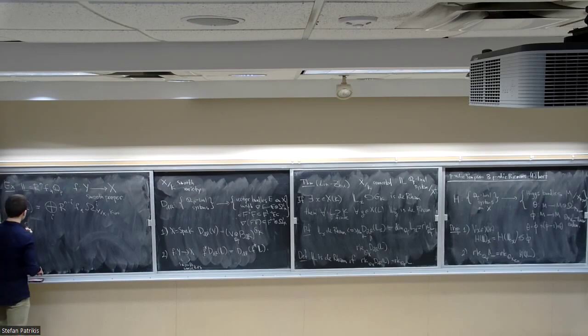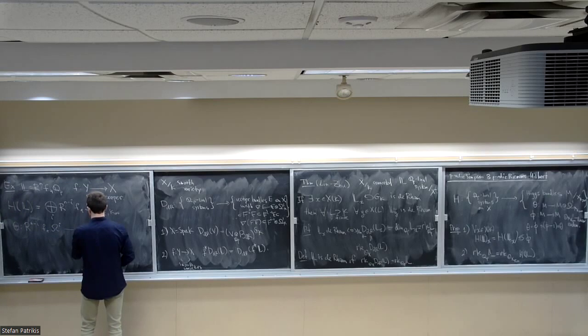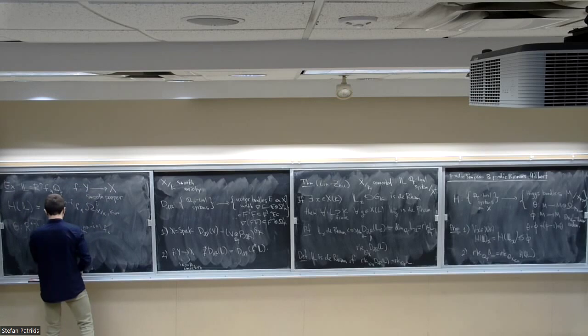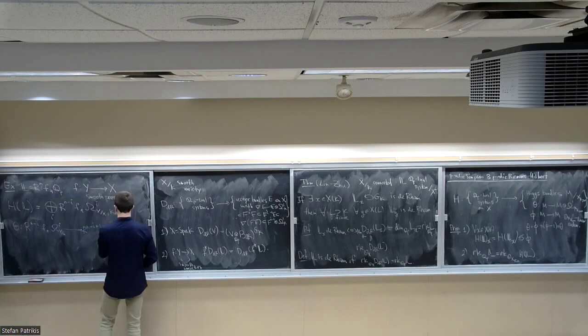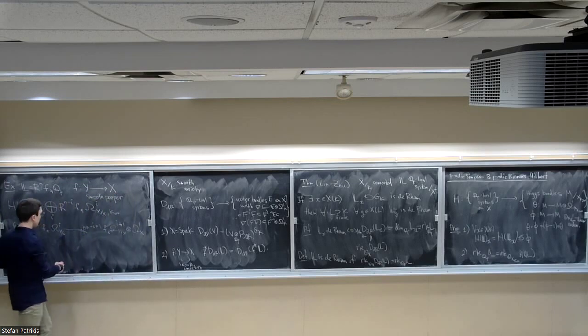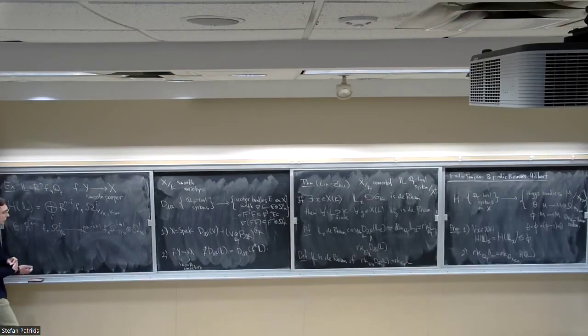Sorry, this is Y over X. And this is what I think Elon was calling the cup product with the Kodaira-Spencer class, or it's also just the associated graded of the Gauss-Manin connection on the relative de Rham cohomology.